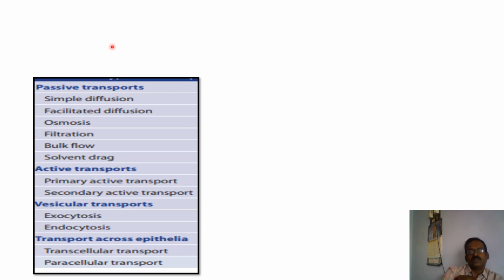Classification of the transport across the cell membrane and summary. Passive transports are simple diffusion, facilitated diffusion, osmosis, filtration, bulk flow, solvent drag. The active transport is again divided into primary active transport and secondary active transport. Vesicular transport is exocytosis and endocytosis.